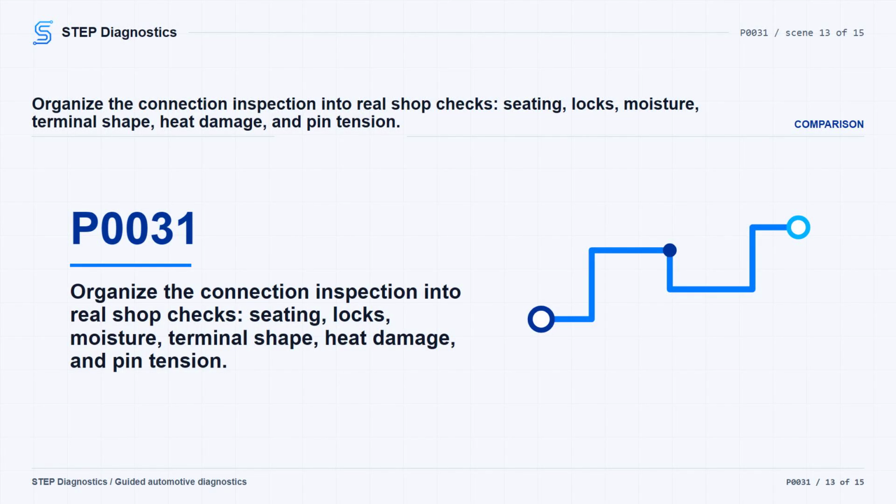Before calling the PCM, inspect the related connections carefully. Perform any applicable service bulletins that have not already been handled. Disconnect all PCM harness connectors, any related inline connectors if equipped, and the related component connectors.